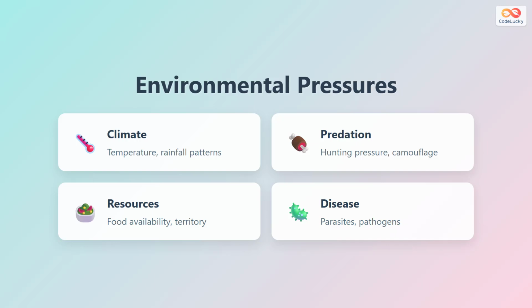Resources such as food availability and territory influence which organisms can obtain enough nutrition to survive and reproduce. Disease, including parasites and pathogens, selects for individuals with stronger immune systems or resistance mechanisms. These pressures constantly shape populations, favoring traits that increase survival in specific environments.